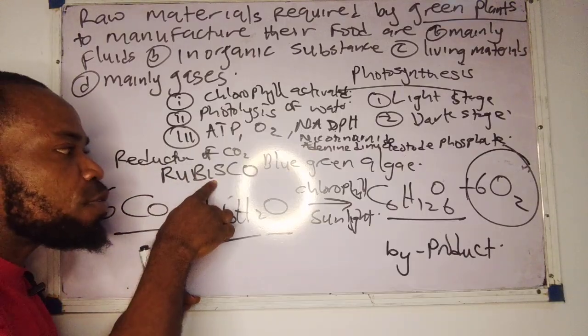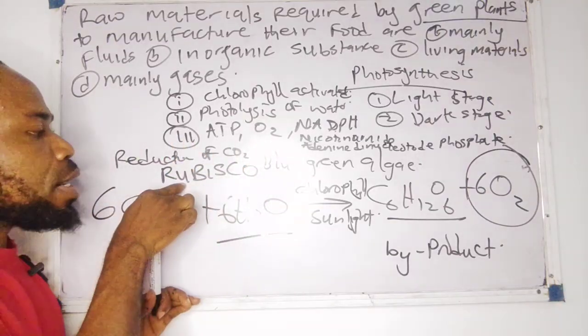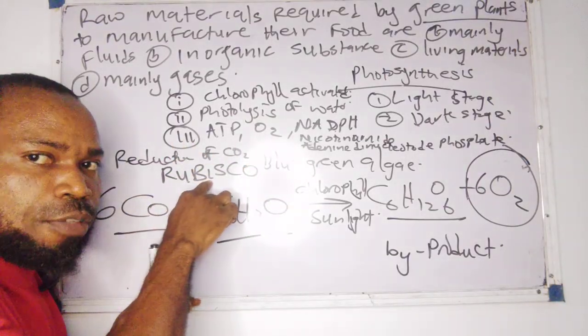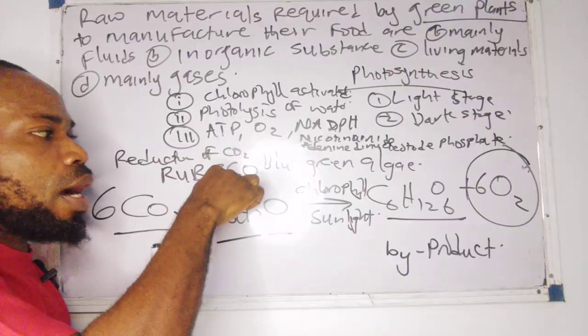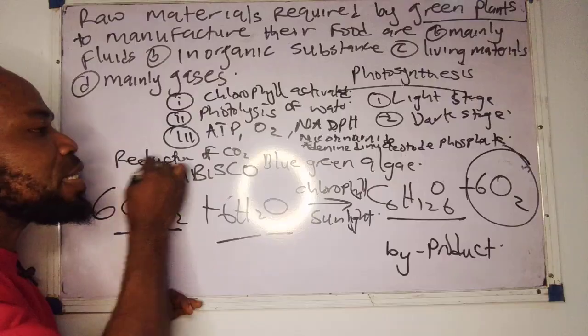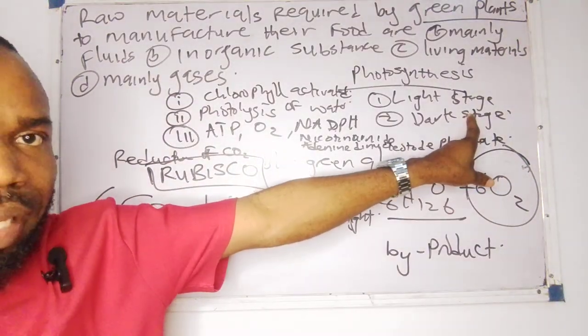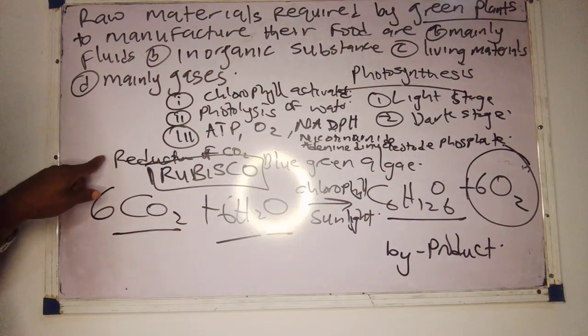Ribulose bisphosphate carboxylase oxygenase. Ribulose bisphosphate carboxylase oxygenase. This is the major enzyme for the dark stage of photosynthesis, the major thing that happens there.